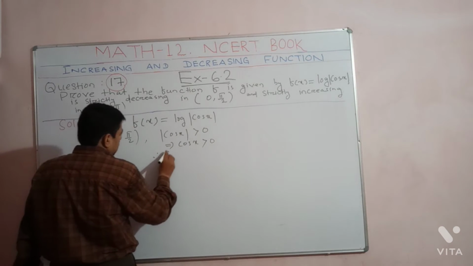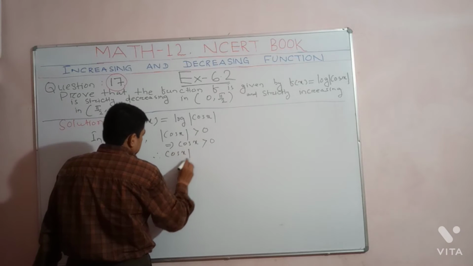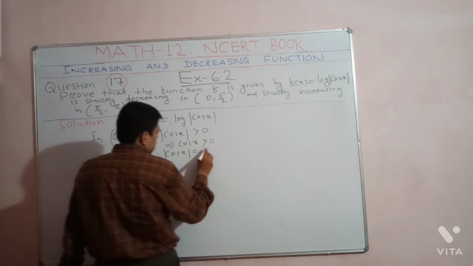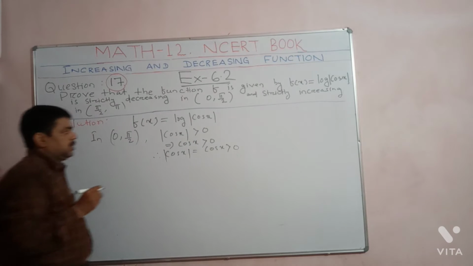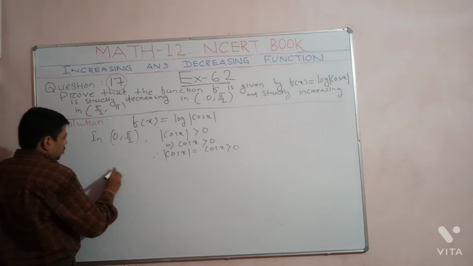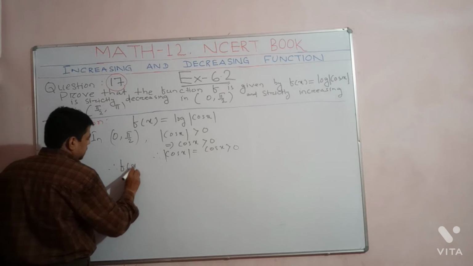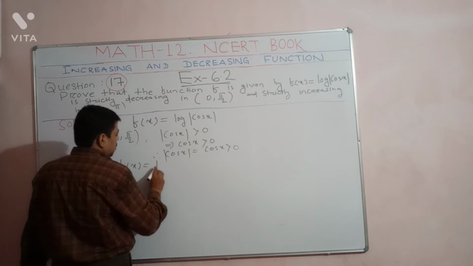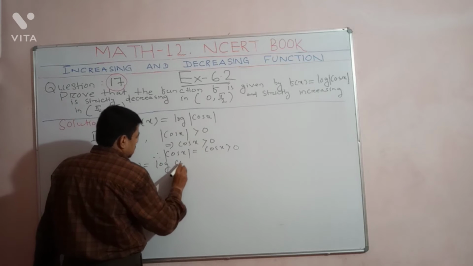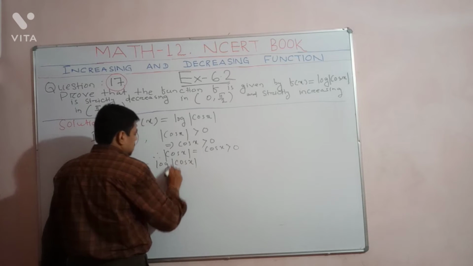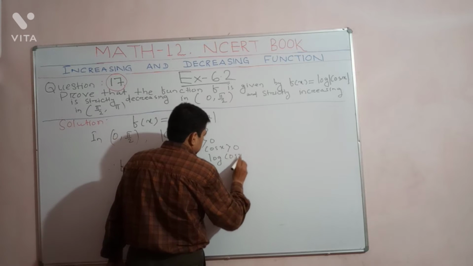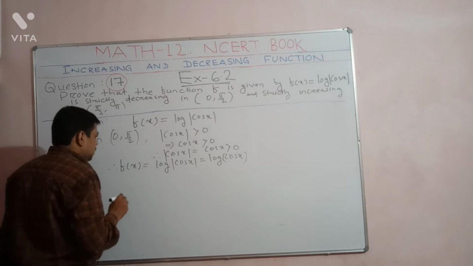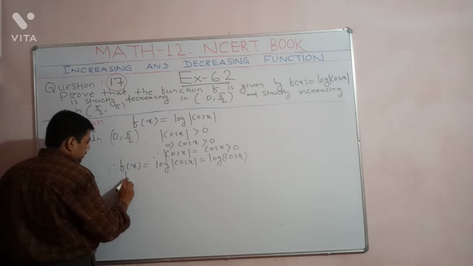Thus we say the modulus of cos x is equal to cos x, which is greater than 0 in the first quadrant. Right? So the function can be written as f(x) is equal to log of modulus of cos x, we can write log cos x. Understand or not?